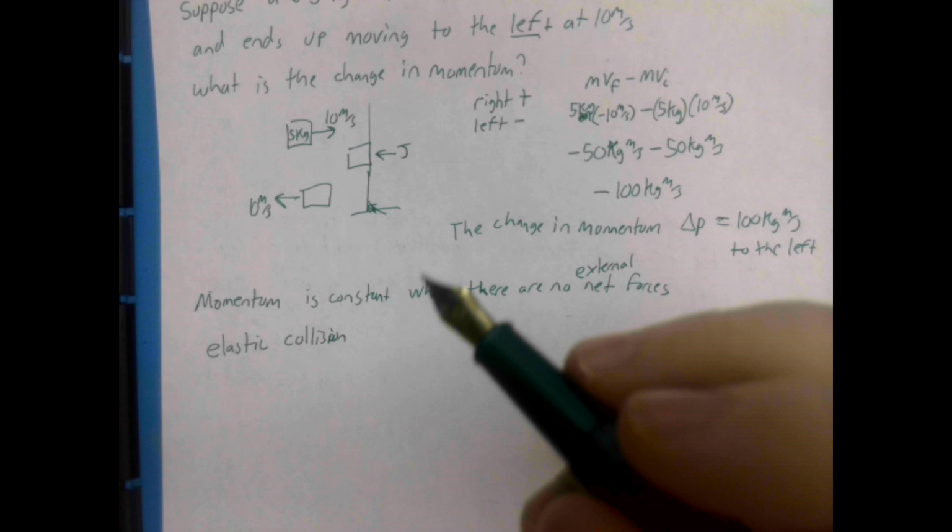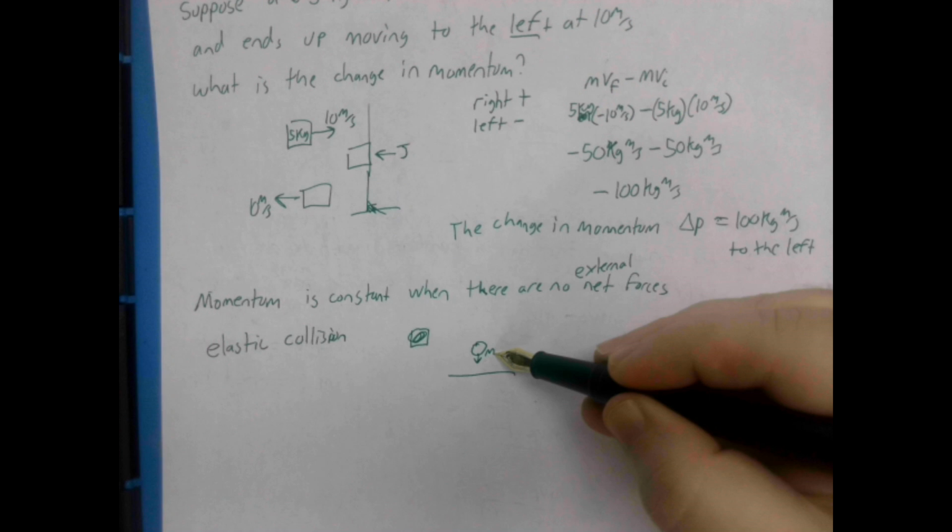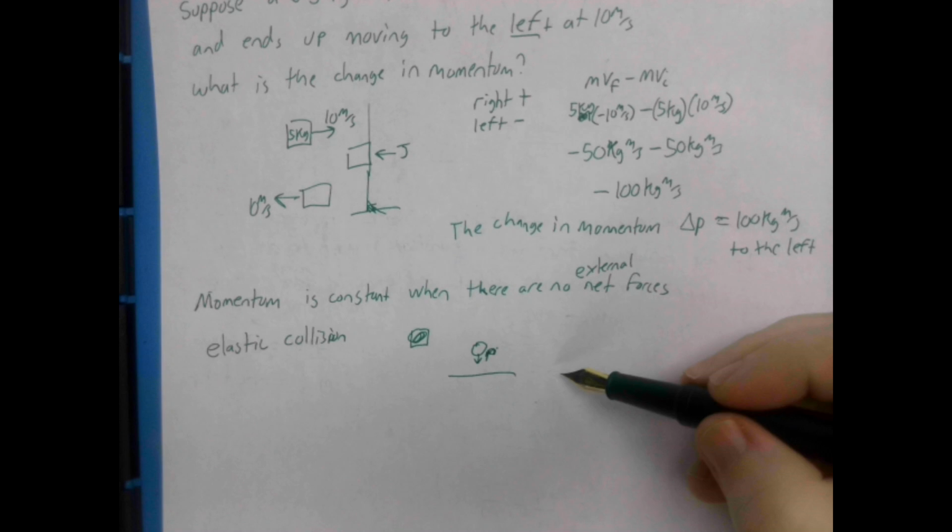So basically, in a perfect elastic collision, if a ball is moving down with some momentum, and it strikes the surface, it's going to bounce, and it's going to bounce in the same way to conserve kinetic energy.